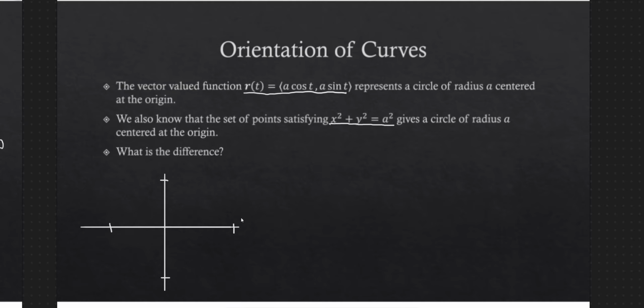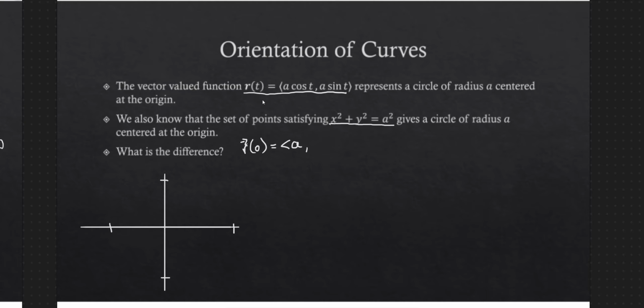So if I plug in, say, t equals 0, so r of 0, let's just play around with this for a second. R of 0 would be a cosine of 0, so that's just a. Right, cosine of 0 is 1. And remember, we're going to start doing calculus in this, so most of the time we're going to be using radians for our inputs of trigonometric functions.